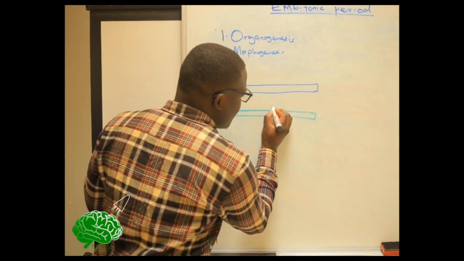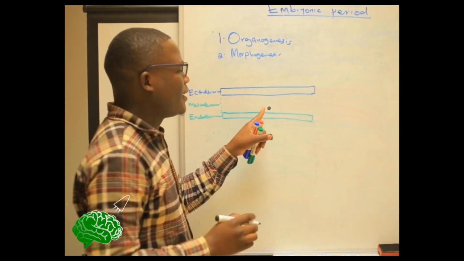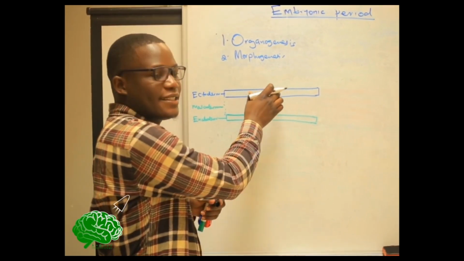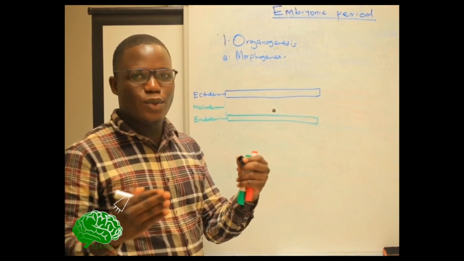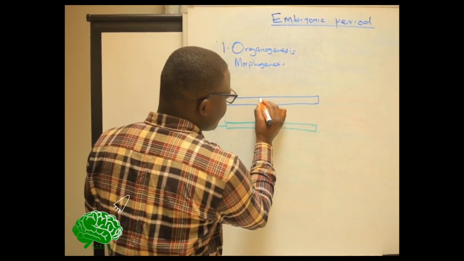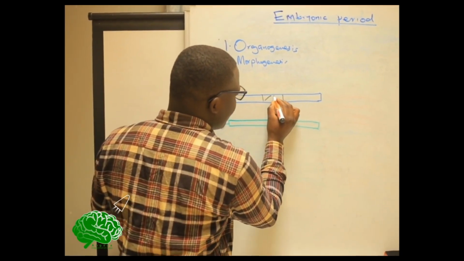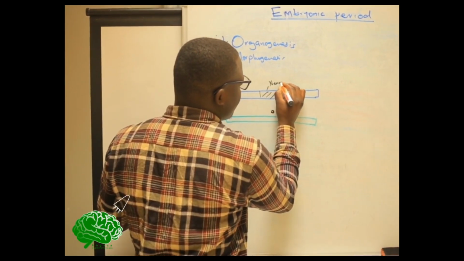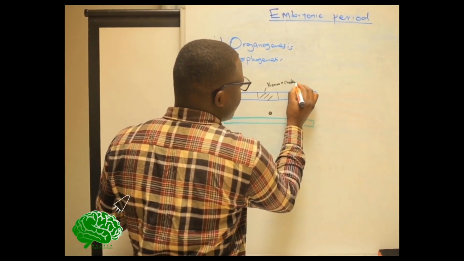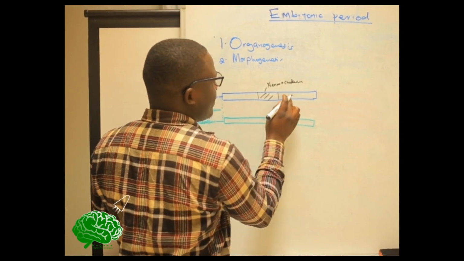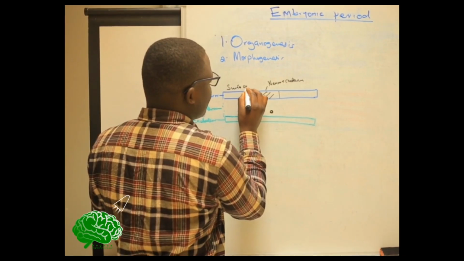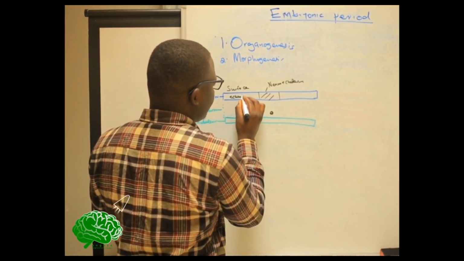After formation of the notochord, it begins to produce growth factors which divide this ectodermal layer into two parts. The middle part, which we term the neuroectoderm, and then the peripheral part, which we normally term surface ectoderm.